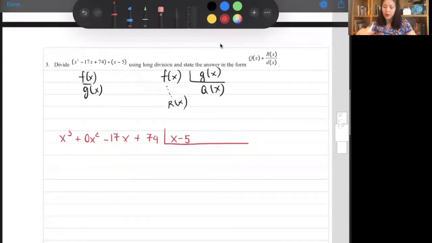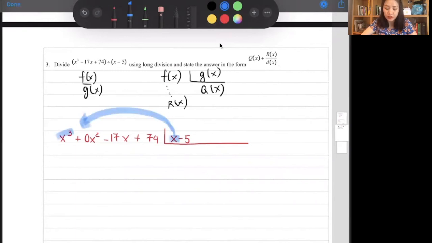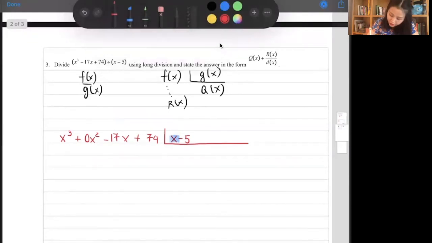All right, so next I'm gonna ask myself, what do I have to times x by to get x cubed, right? And the answer is x squared. And then what I'm gonna do next, I'm gonna take x squared and multiply it back into every single term in the divisor.